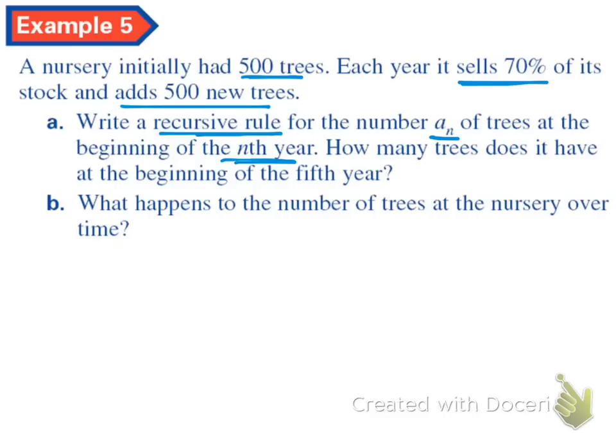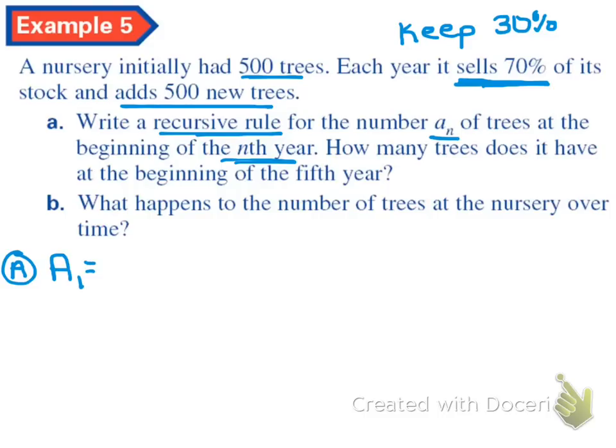Well, let's look at first our percent here. We're selling 70%. If we sell 70%, then the amount that we keep, which is what we want to write a rule for, the amount that we keep then would only be 30%. 30% of our initial stock. And then we also add 500 trees. So, to write a rule, this is part A, we would start by giving what our initial amount is.